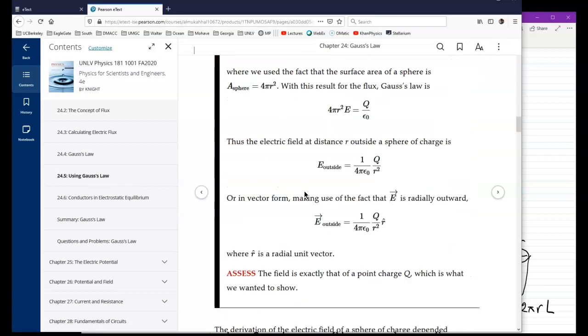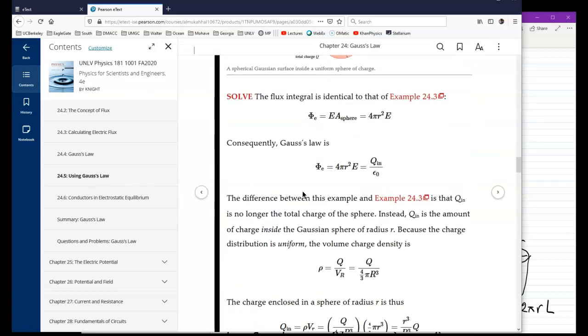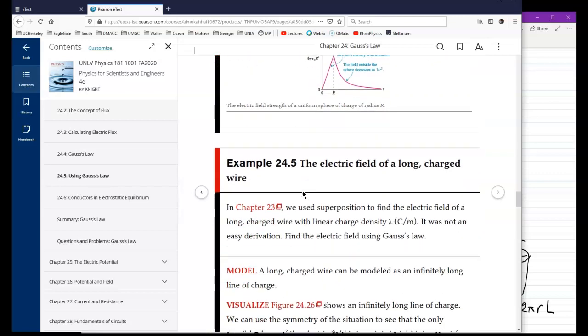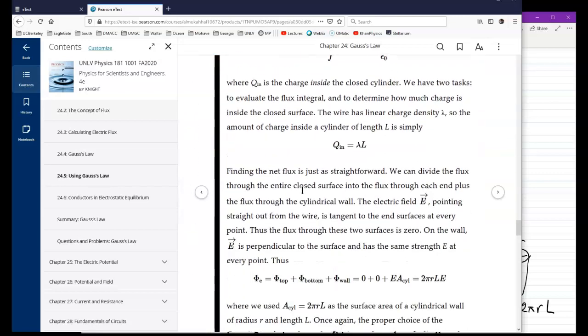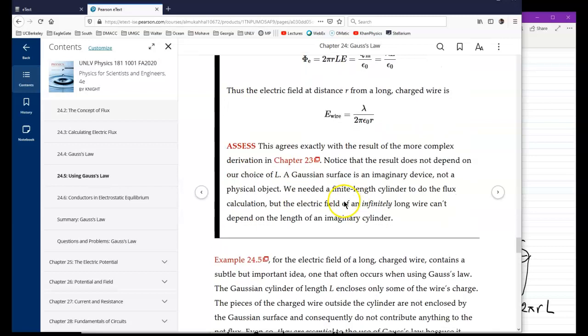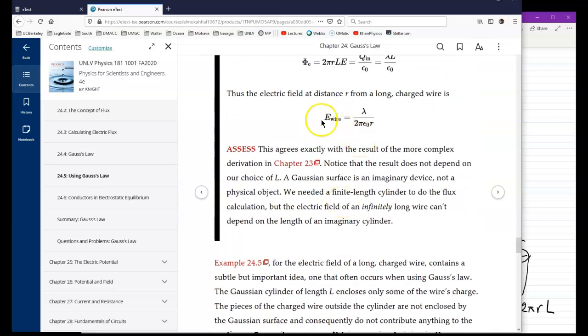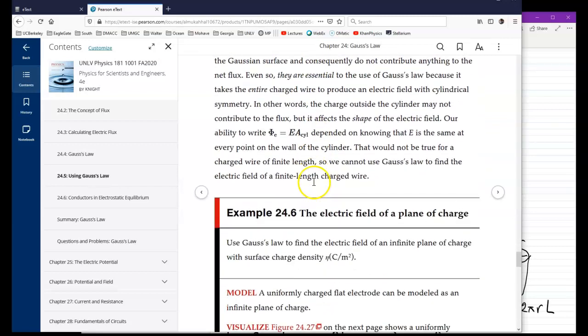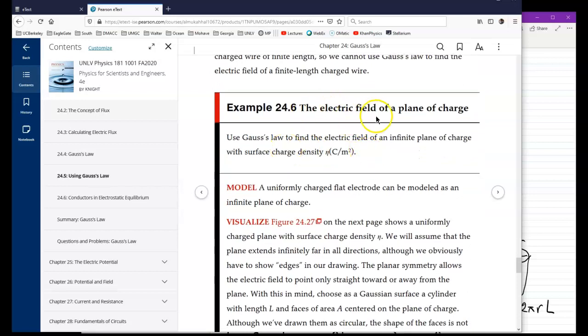I'm sorry, 6. Trying to find it for you. Example 5, we just did that, and I think that's his answer right here. And there we go.